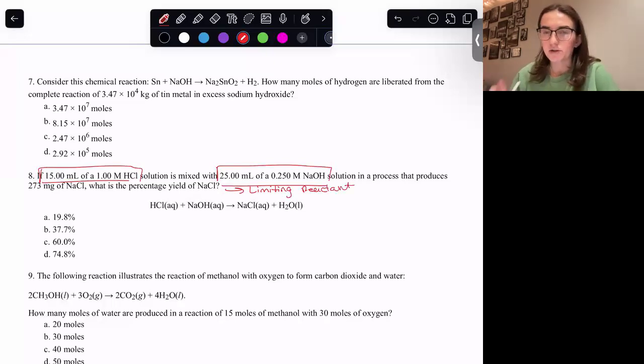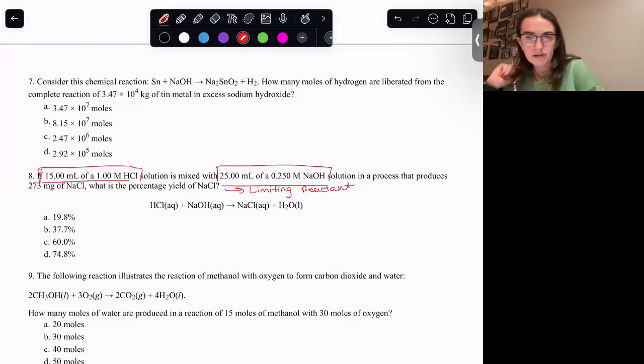Does anyone know what our ratio from acid to base is here? What's our ratio of acid to base?